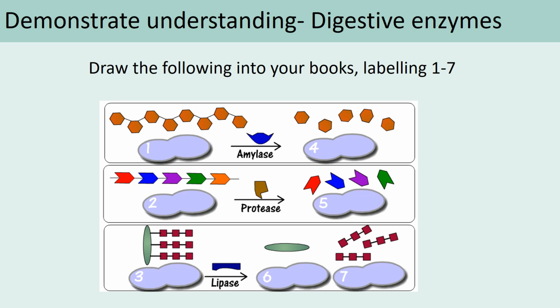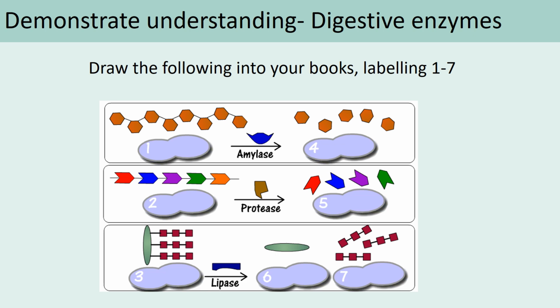Okay, so hopefully we have got our diagrams drawn and the important parts added onto there. And we should have for number 1 carbohydrates. You might have specifically said starch, that's fine, but it's carbohydrates. And the products will be simple sugars, or you might have put glucose. Either one will be acceptable.